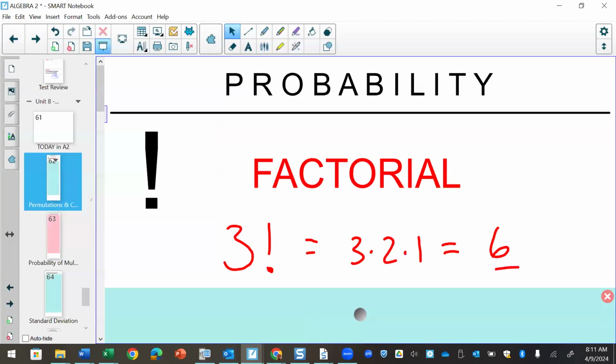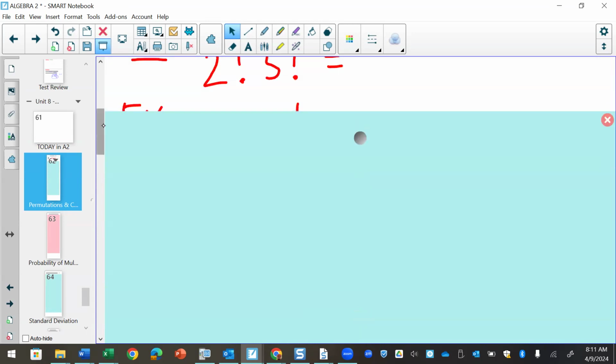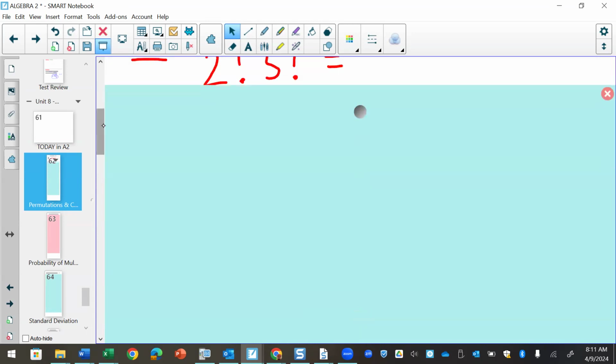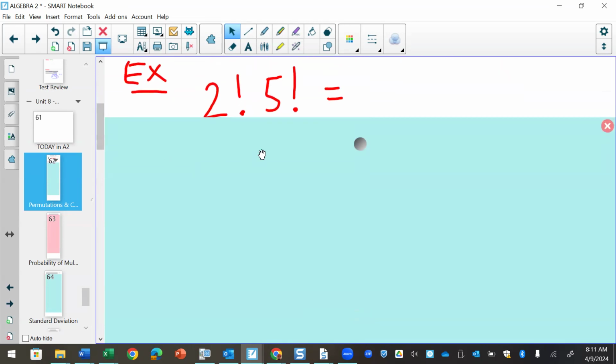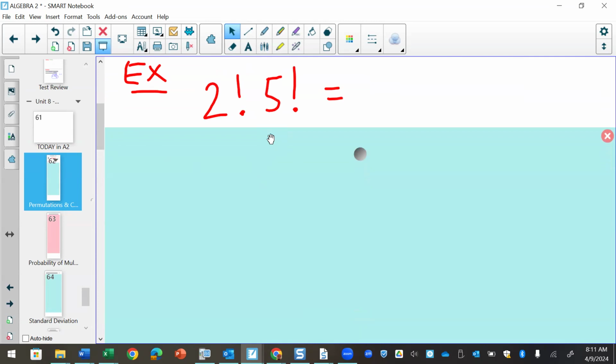Now that you know where it is, how can we spice this up, make it honors level? We'll do a couple. So this one, any way you like, go ahead and give me an answer for 2 factorial times 5 factorial.